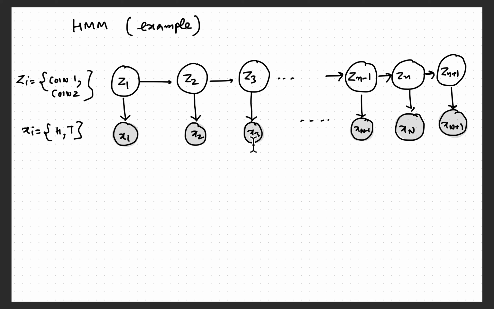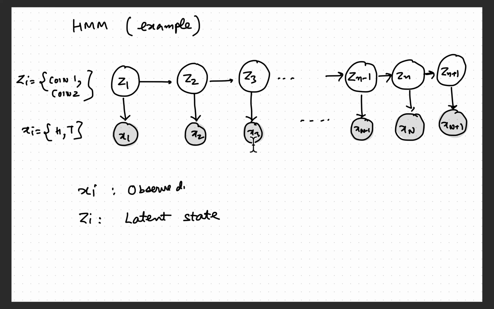Just to summarize, Xi talks about the observed state, shown in gray or highlighted, and Zi indicates the latent state. An important thing to note here is that the observations do not follow the Markov chain. There is no direct link between x1 and x2, but there is a direct link between z1 and z2.